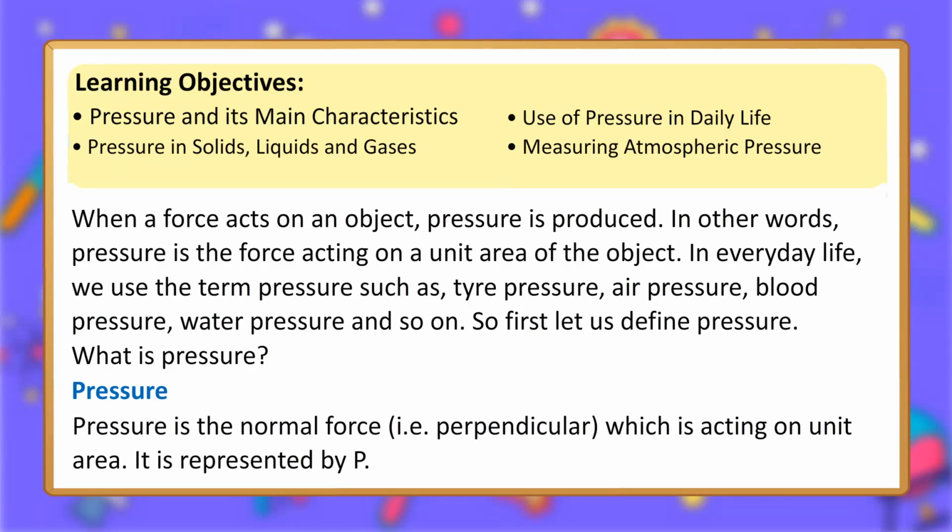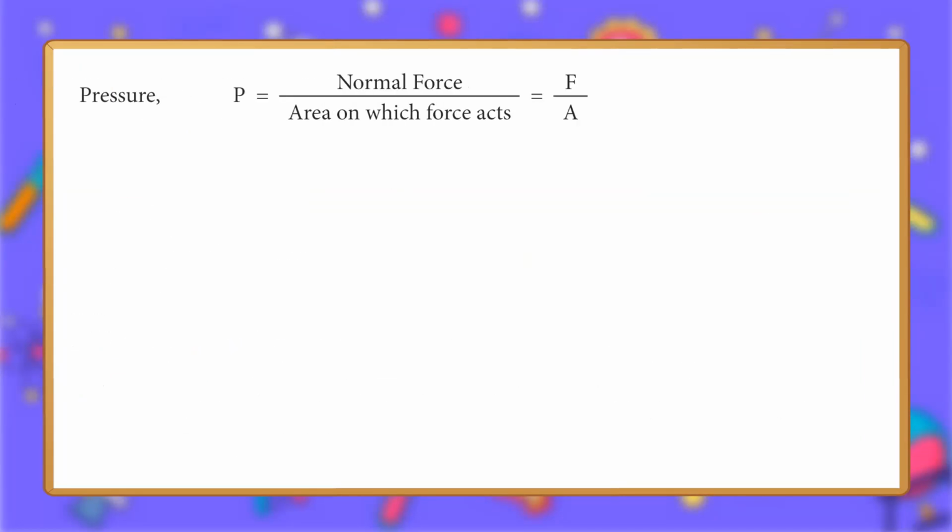Example 1. A block weighing 1500 N rests on an area of 5 square meters. Calculate the pressure exerted by the block on the surface which supports it. Solution. We know that P equals F upon A. Here, F equals 1500 N and A equals 5 square meters.